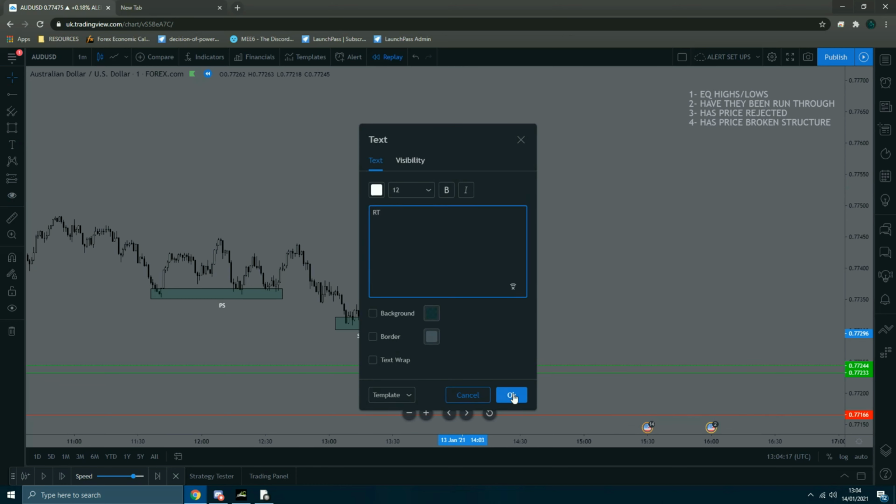Then the retest. Then we had a run through there which makes our spring.